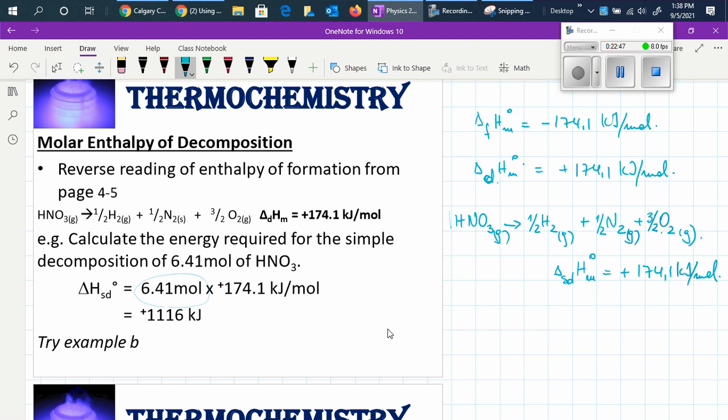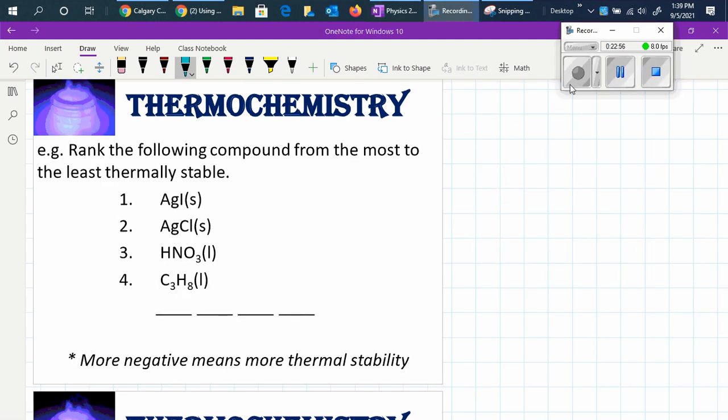If it was 2, then multiply by 2. In our case, it is 6.41, and this is why we multiplied by 6.41. So if we are going to define which one is most stable or not, we have to look at the more negative one. The one more negative will be most stable.